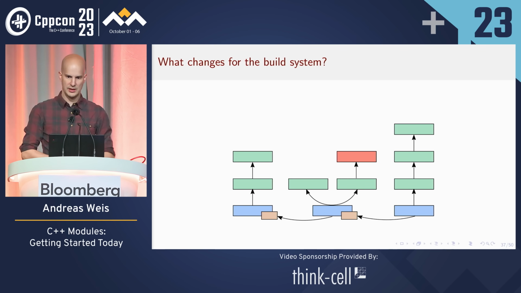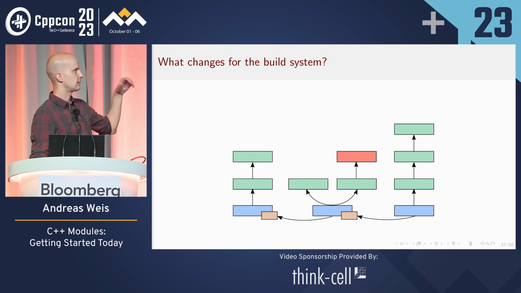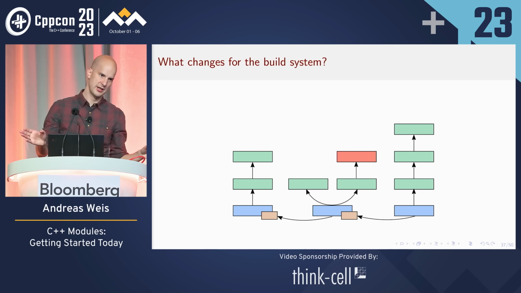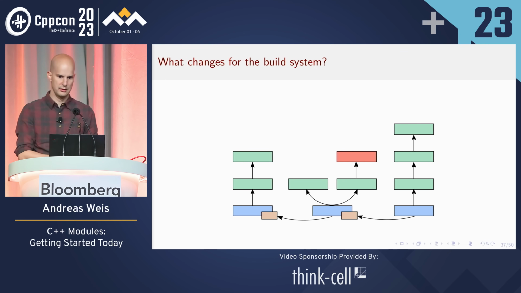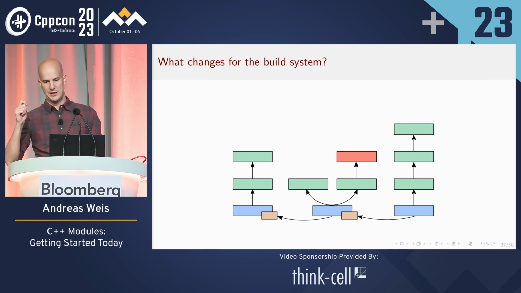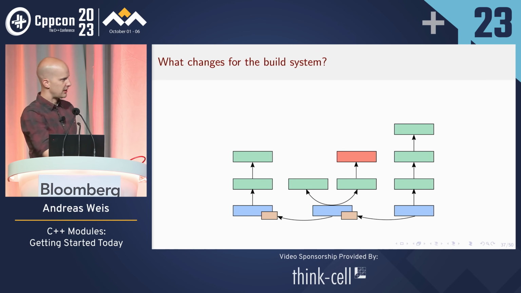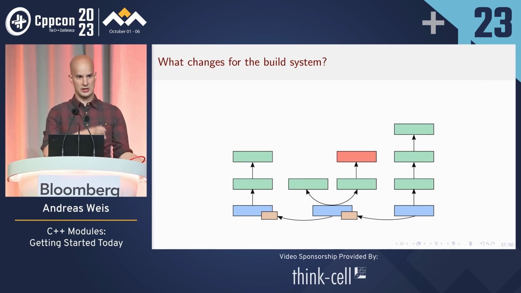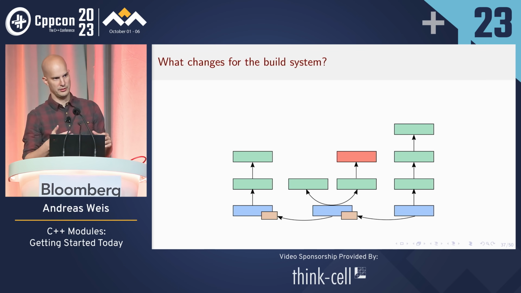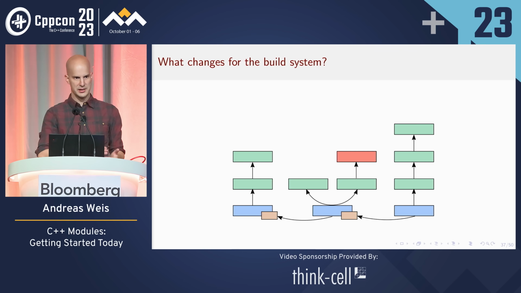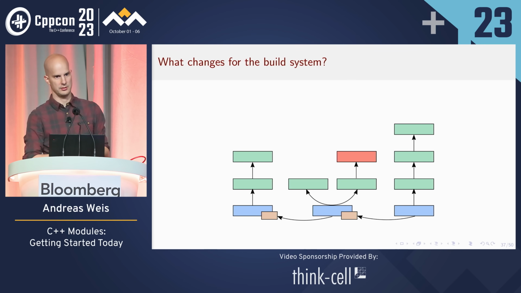So the question is now really, if one of these files changes, how can the build system figure this out? For the header dependencies, which we still have, you can still have includes in the modules world, it's the same as before. But for figuring out these interdependencies between the blue boxes, the build system now actually needs to run twice. You need to do a first pass where you look at all of the source files and figure out what they are actually exporting and importing in terms of modules.